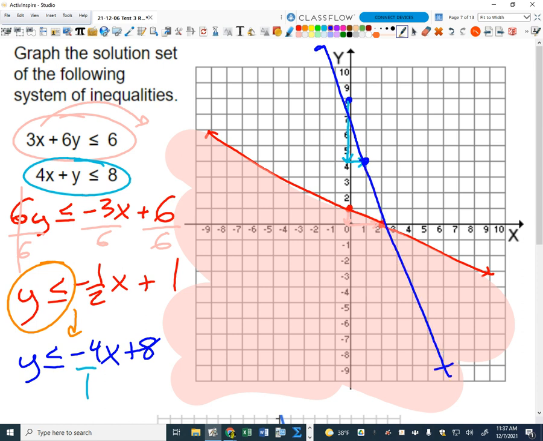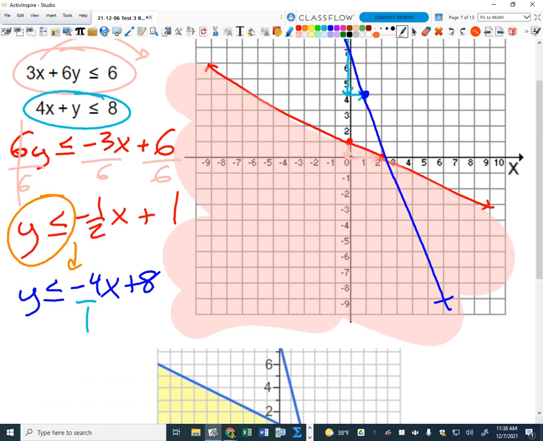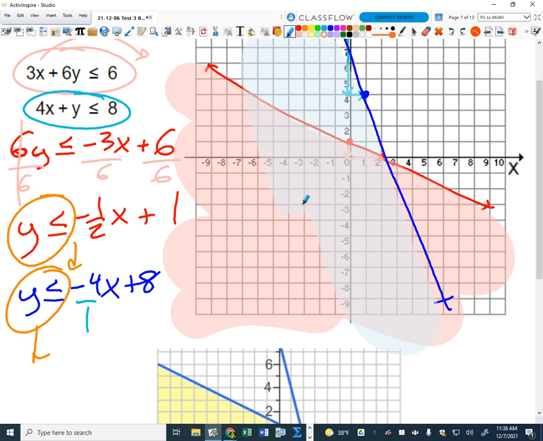Okay, shading above or below? Below, okay. And this is a little bit awkward here because it's a pretty steep line, but shading below, all I got to do to know where that is, is start on the line and go straight down, and I'm in this half plane, obviously, right? Okay, so then here's the double shaded region, right?